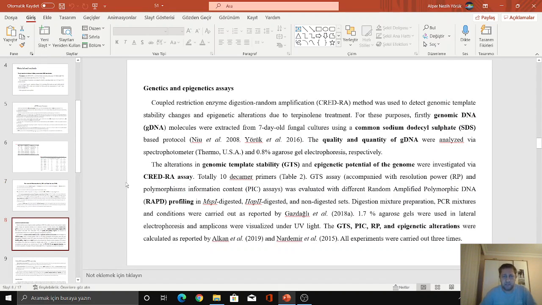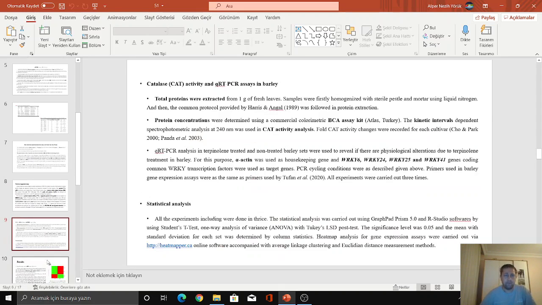In the genetics and epigenetics assay, two different methods were used. RAPD, the randomly amplified polymorphic DNA method, was used in order to obtain genomic template stability values, and the CRED-RA assay was used in order to obtain methylation-specific pattern alterations.